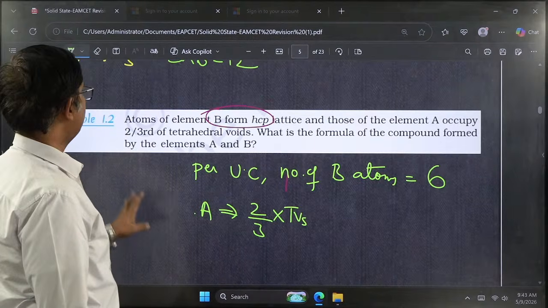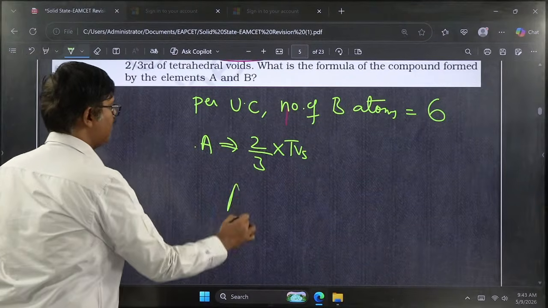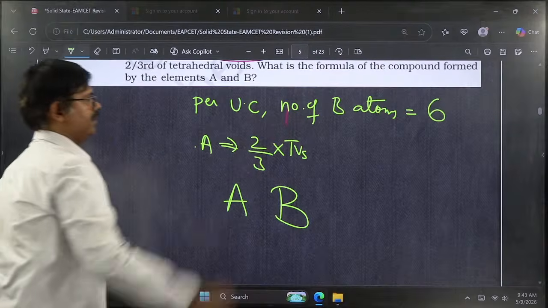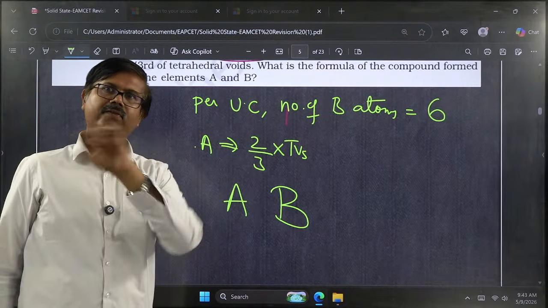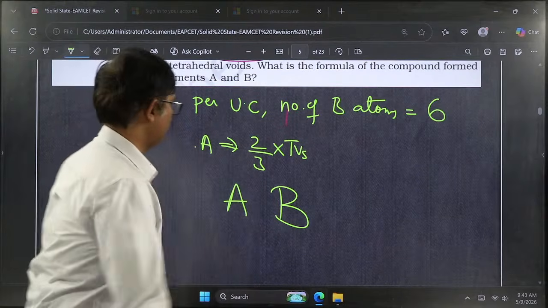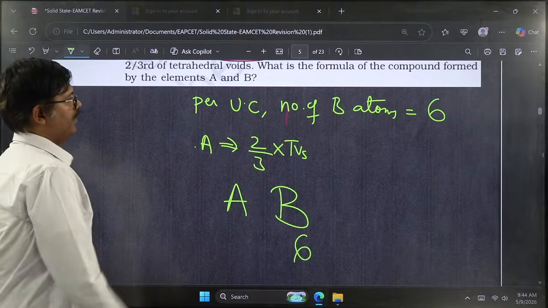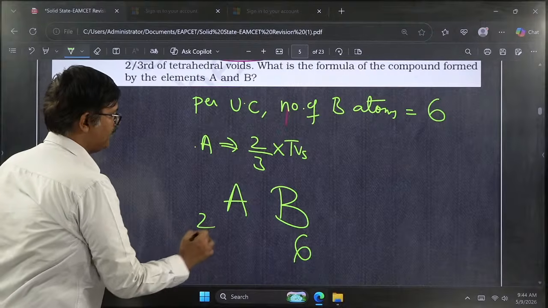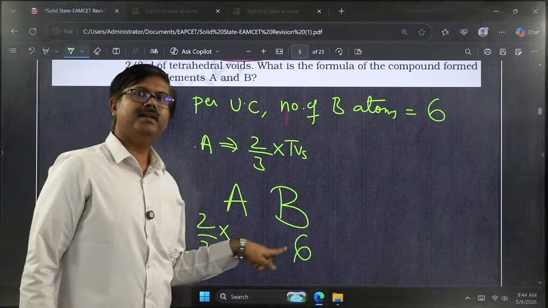What is the formula of the compound? A and B. Okay. So, first you just write like this, A, B. How many B are there per unit cell? If you find the formula per unit cell, that will be the same as the entire solid lattice. So, focus on the unit cell, 6. And A how many? 2/3 of tetrahedral. How many tetrahedral voids will be there?